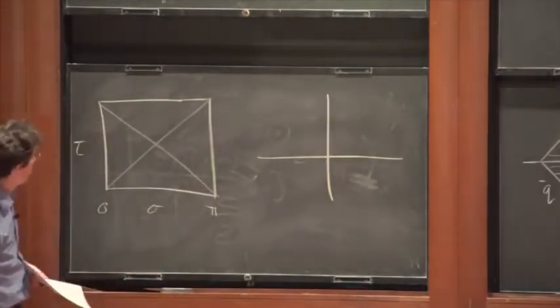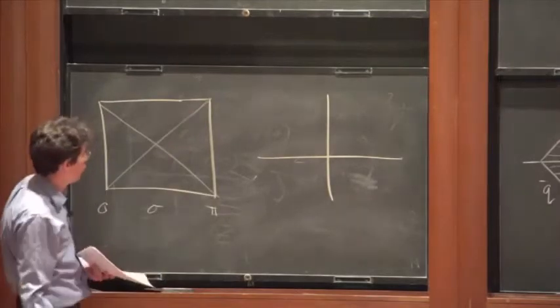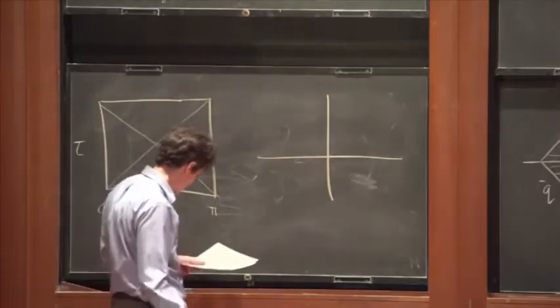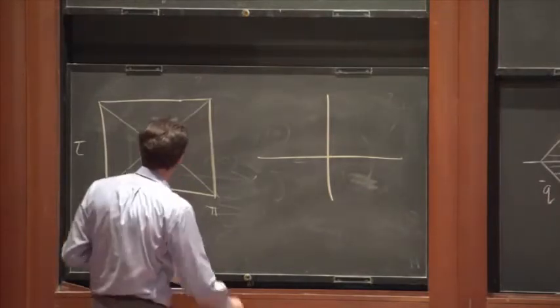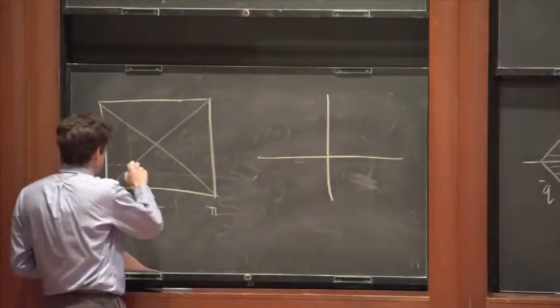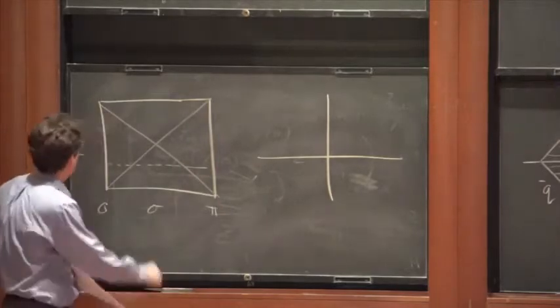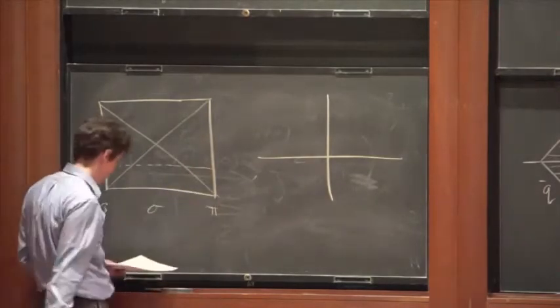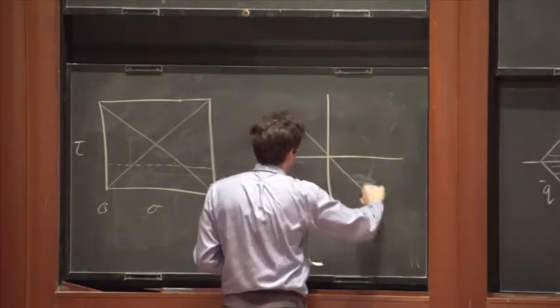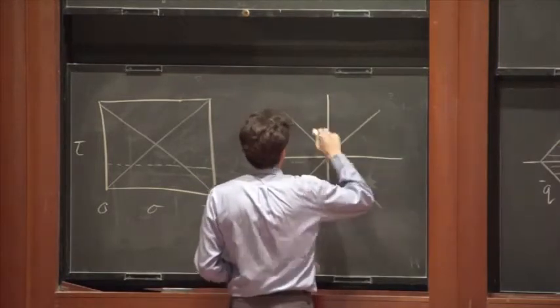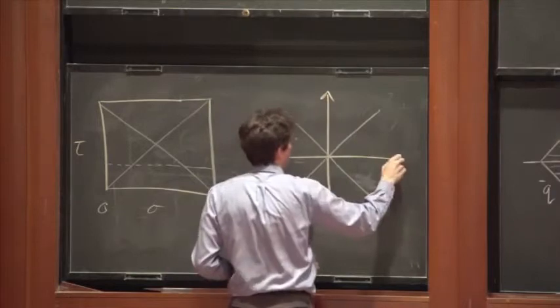If we divide it up with null trajectories like this, then what you'll find is that a typical snapshot in tau maps onto space-time to look like the following.